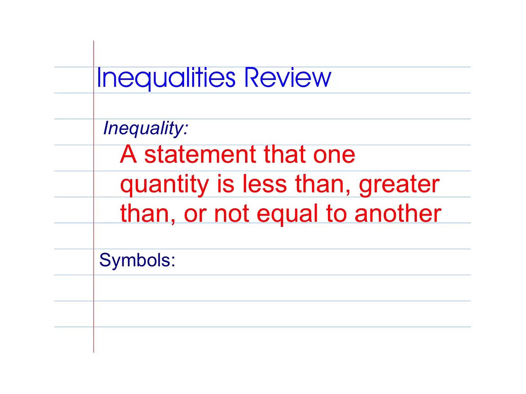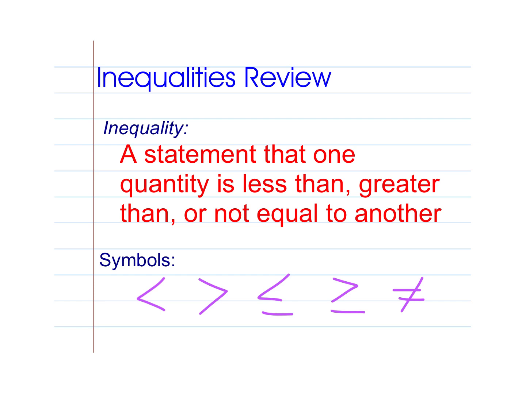First, what is an inequality? A statement that one quantity is less than, greater than, or not equal to another. So if you remember, you've had some inequality symbols in the past: less than, greater than, less than or equal to, greater than or equal to, and then technically the not equal symbol.